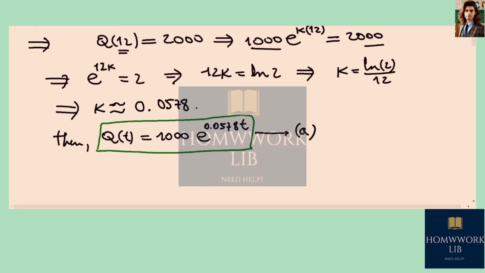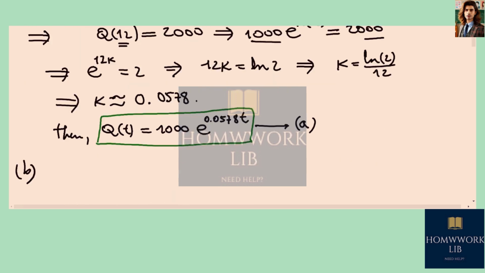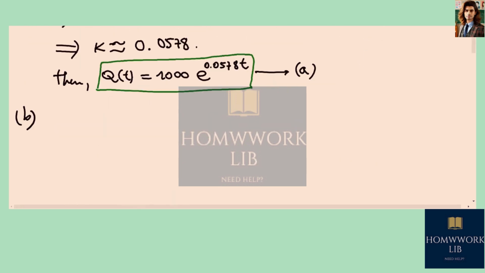Now in part B, we are going to calculate or estimate how long it takes for 200,000 bacteria to grow. And that means that we want to find the time corresponding to that number of bacteria. That is, the equation we have to solve is 200,000 equal q of t equal 1000 e to the 0.0578 t.